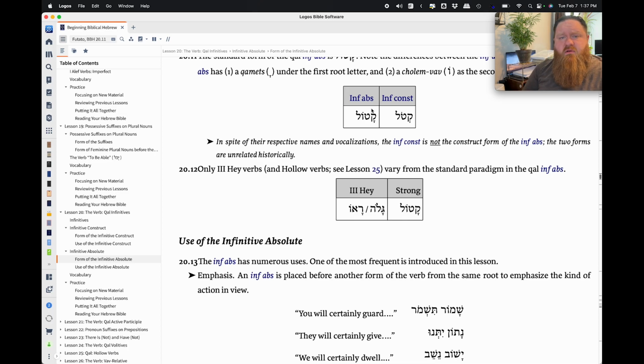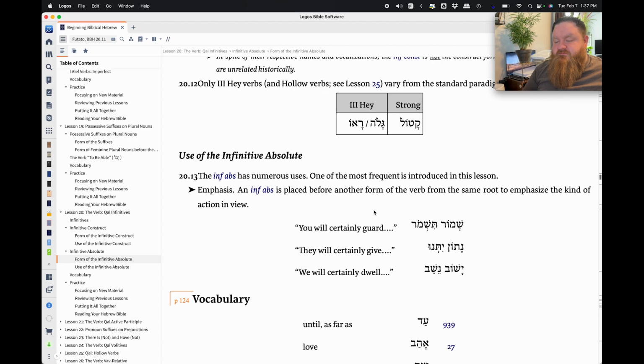The infinitive absolute is much rarer than the infinitive construct, but one place where you need to be aware of an irregularity is the third hey. Often that hey will drop off and you'll just have a holem there, or it could be that you've got the qamets in R1 and then you've got the holem without a vav, and then you've got the hey. So just be aware of that. If you see holem hey on a third hey verb, it's probably the infinitive absolute is the idea here.